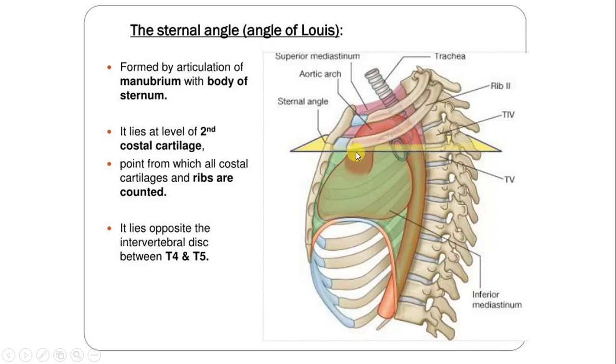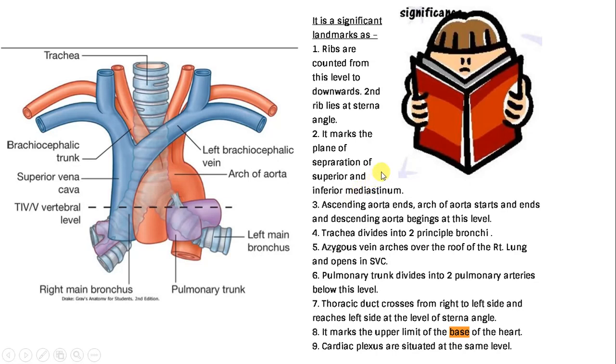The superior mediastinum contains the aortic arch, the bifurcation of the trachea, and other features at this level. We will study it later on. For the present, the structures and their significance are shown here.